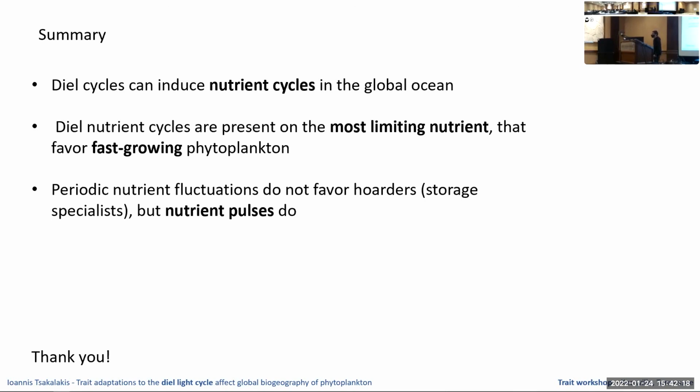I don't know if I answered your question. A big question for me is, we know that all phytoplankton store, but we don't have an idea in what environment storage is important. Is it in oligotrophic regions? Do we find storage specialists in tropical conditions, or high latitudes? I don't know if you have some idea.